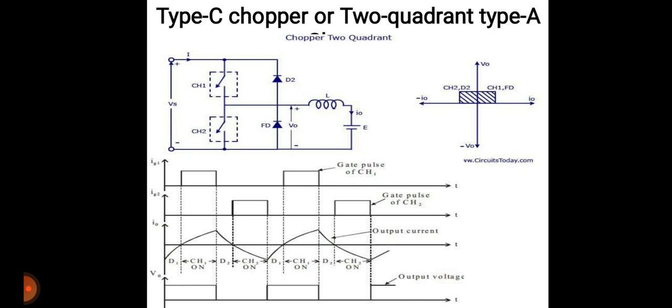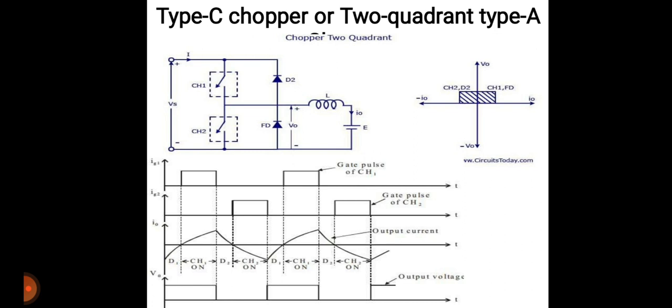Therefore, power flow may be from source to load in the first quadrant, or from load to source in the second quadrant. Choppers CH1 and CH2 should not be on simultaneously, as this would lead to a direct short circuit on the supply line.